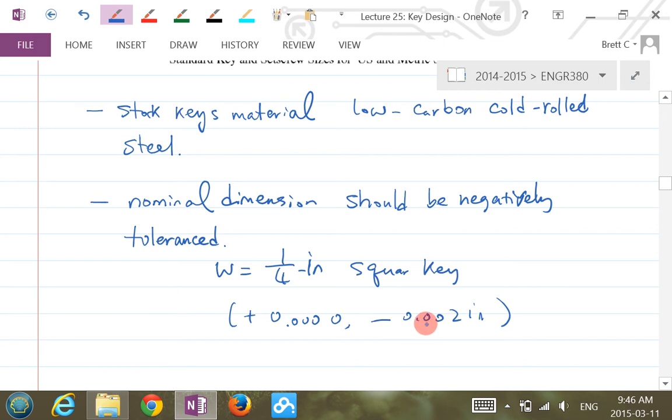You have to hammer it in, press fit it. That already causes a stress, beside the stress that we're going to design against, from the torque and the compression. So that's something you have to bear in mind.